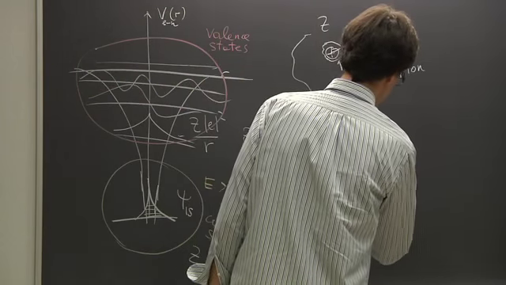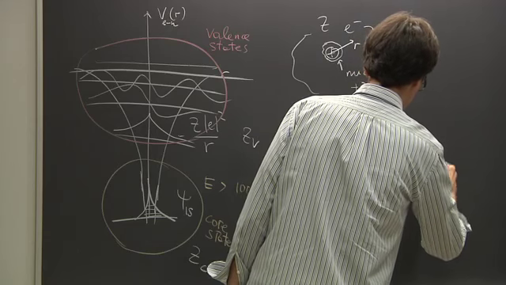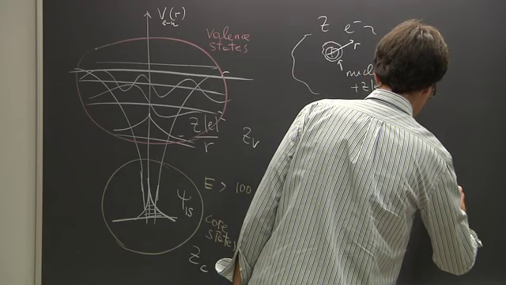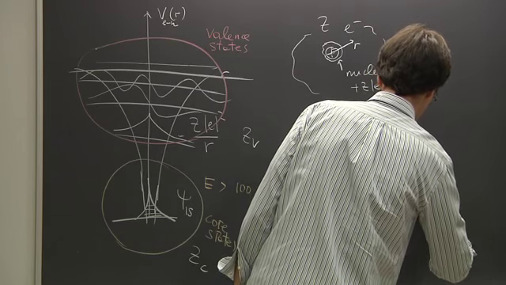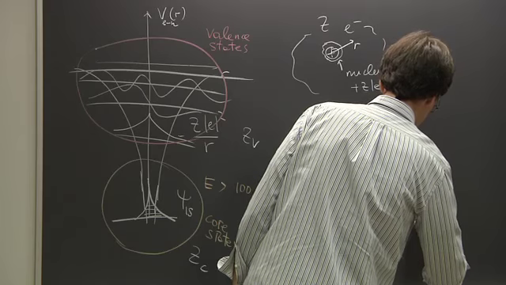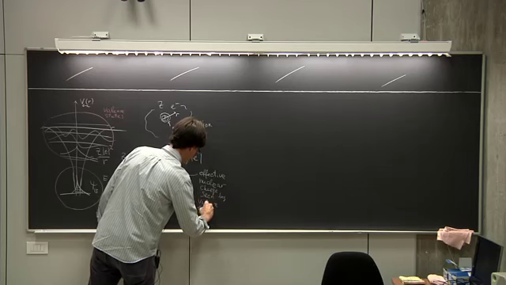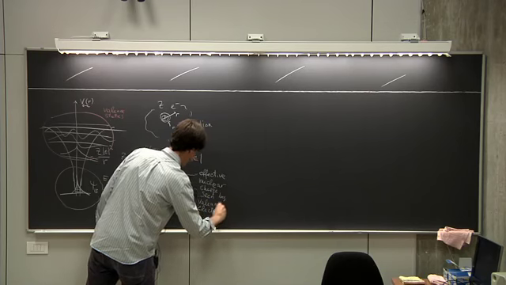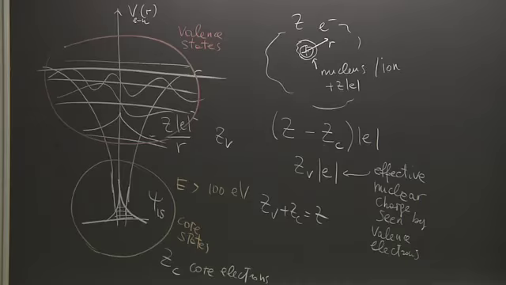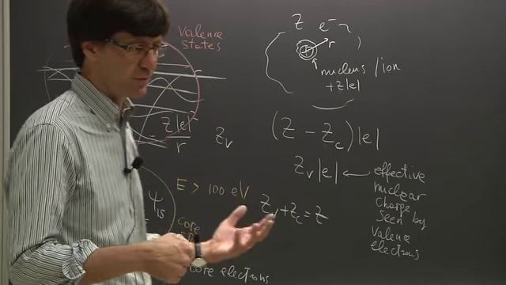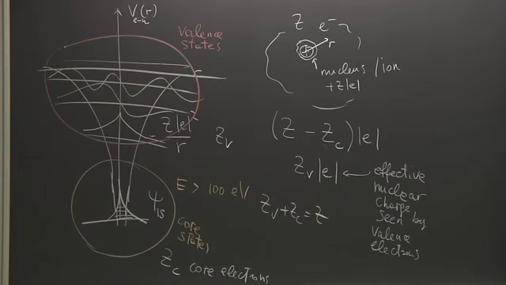So this is the effective nuclear charge seen by valence electrons. Okay? I guess this is probably obvious to a number of you, right? But let me just refresh some of these concepts.